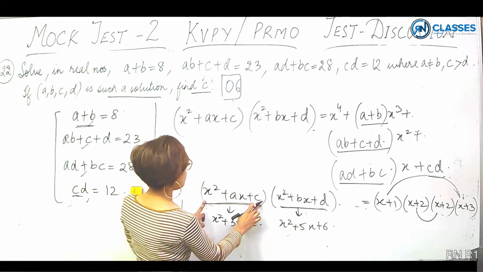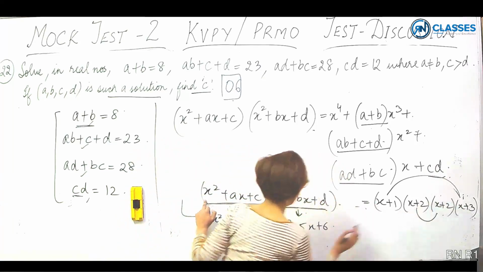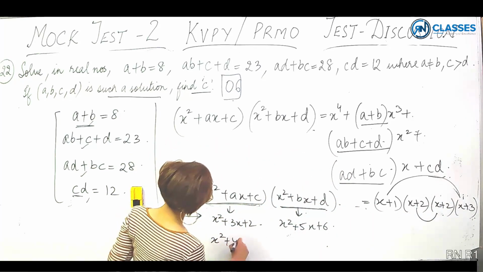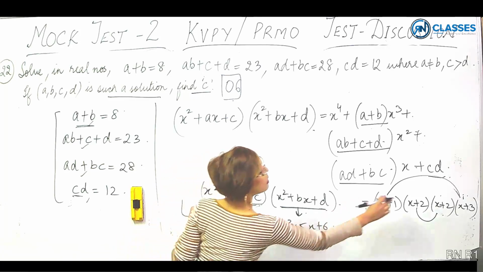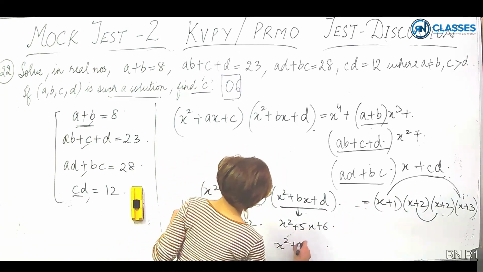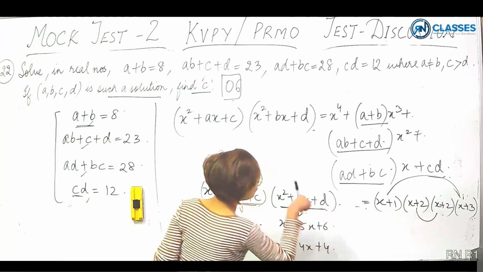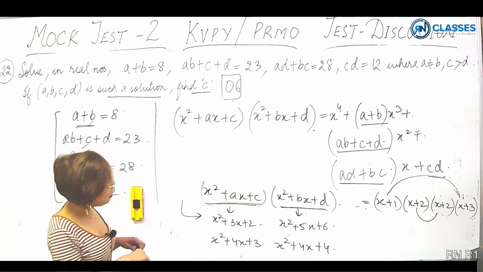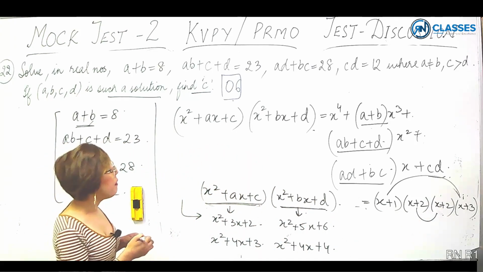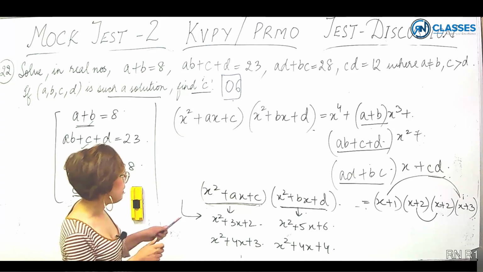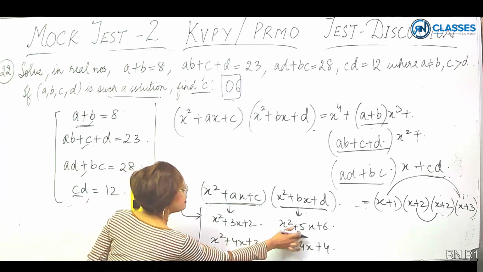So, x square plus ax plus c, this into this, that is x square plus 4x plus 3, and this into this, that is x square plus 4x plus 4. Another thing is that these can be repeated.